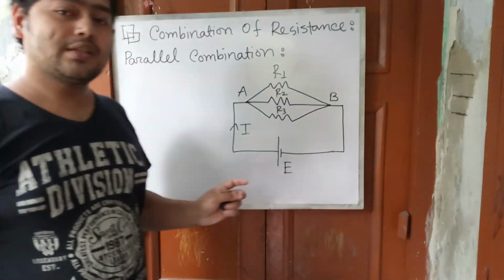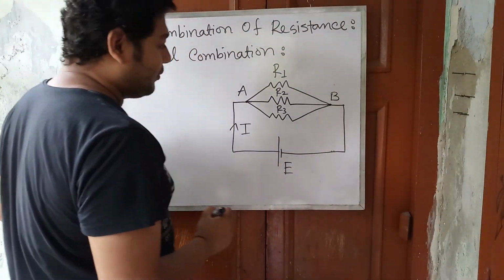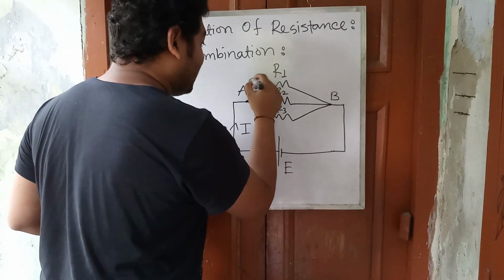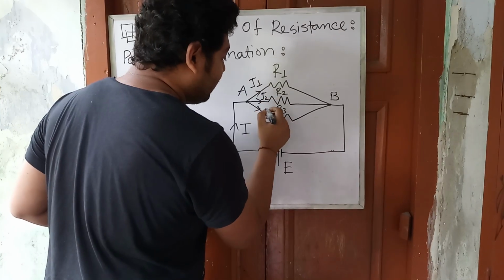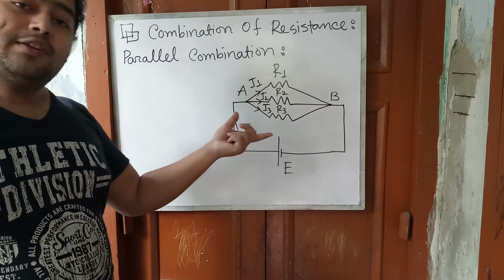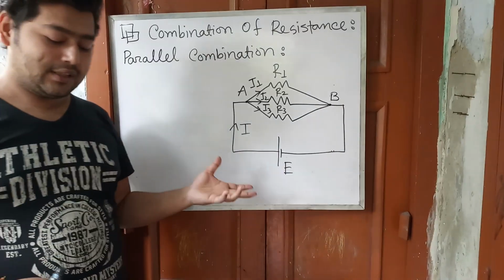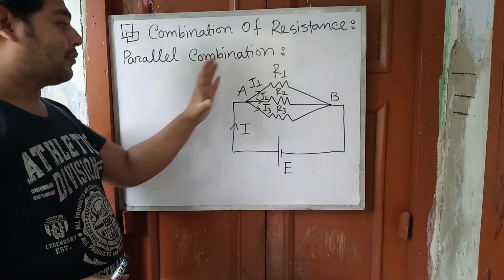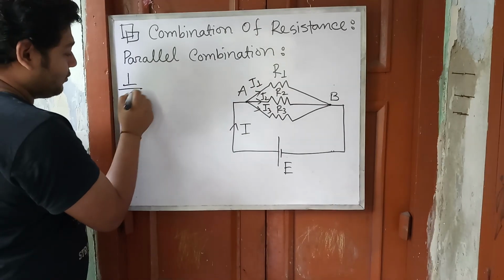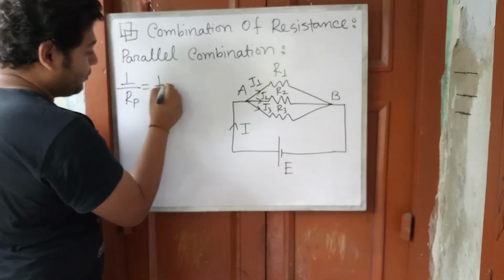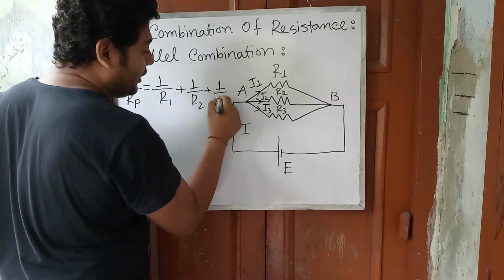So this type of combination is called parallel combination, and for this combination the currents are divided according to the resistance. The formula for parallel combination is 1 by Rp equal to 1 by R1 plus 1 by R2 plus 1 by R3.